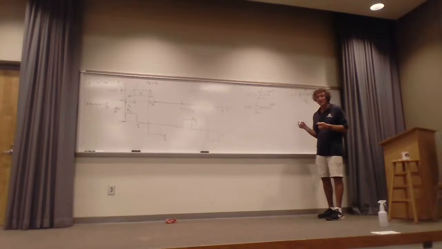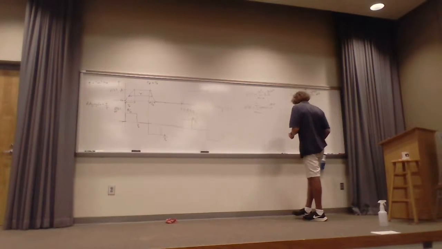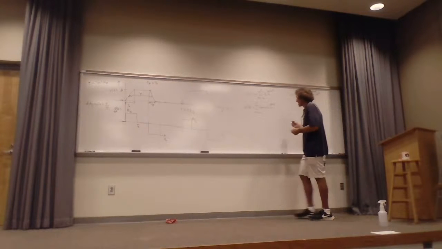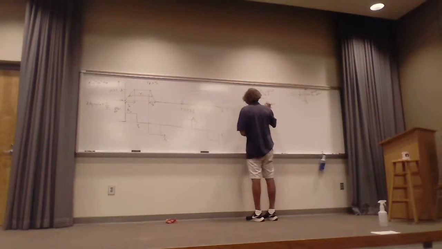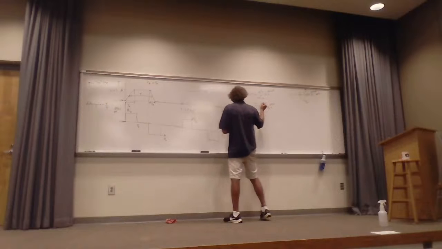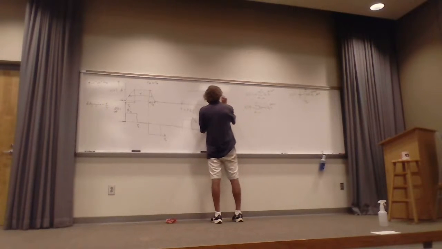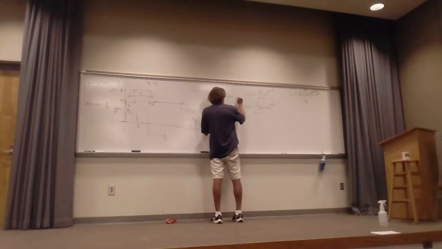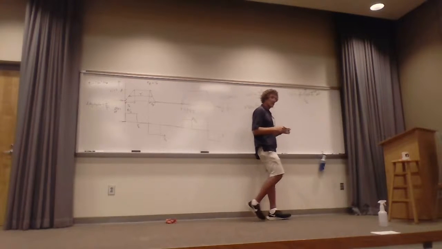times c of n times e to the j n omega naught t. Are you with me? Now, look, this right here is still a constant, right? That right there in purple, I can call it Cn prime. It's equal to j n omega naught times the original value of Cn, right?